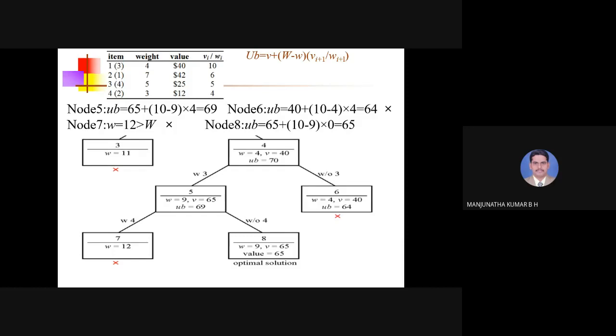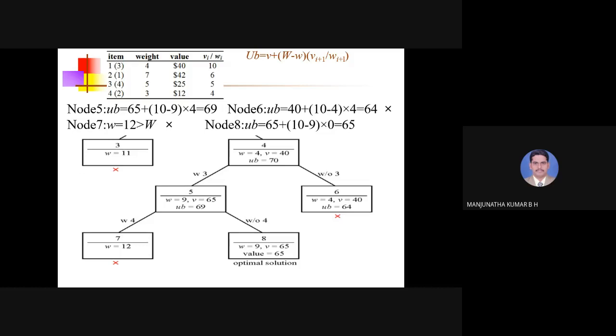If I go without item 3, you will get node 6. For every item you have to calculate with and without. So, node 6 calculation. Node 6 is coming because of without the third item, so the W and V values remain the same as the W and V values of node 4, that is 4 and 40 only. Only the upper bound changes now.